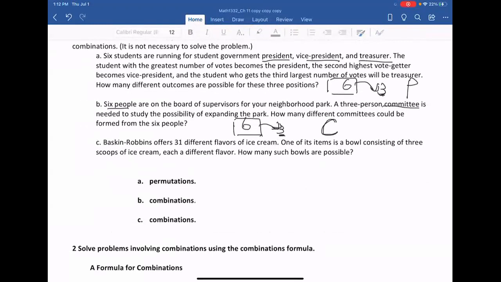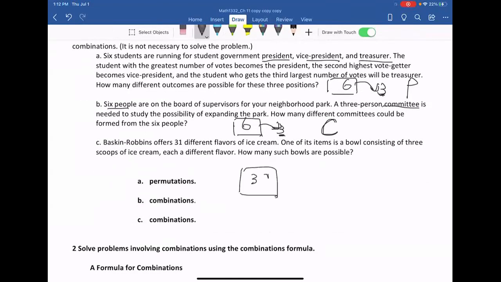Baskin Robbins is a fast food restaurant. They offer 31 different flavors of ice cream. One of its items is a bowl consisting of 3 scoops of ice cream, each a different flavor. How many such bowls are possible? In this question, you have 31 flavors, and you choose 3 scoops from 31. Do you need to order these 3?